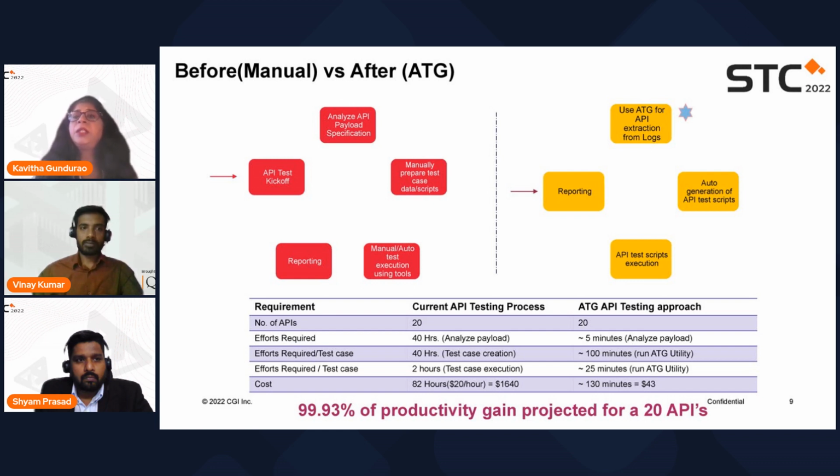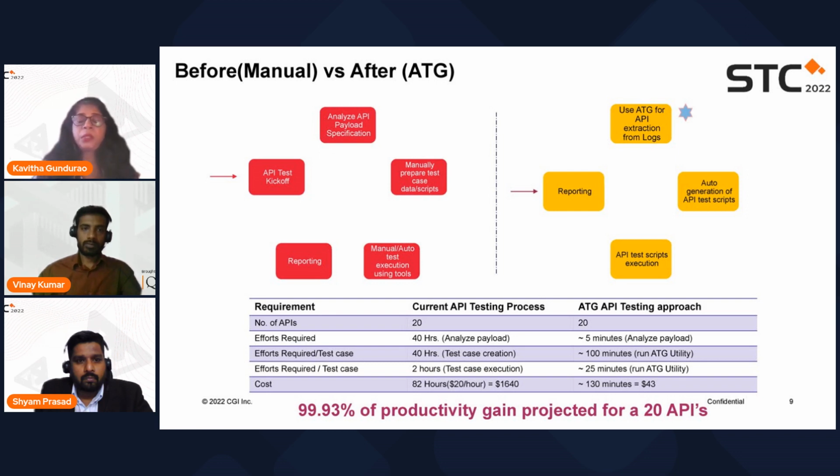The ATG tool does everything for us, and the auto generation of API test scripts is done by the tool itself. So we didn't have to manually sanity test the test cases. We use the tool itself to generate the scripts, then execution, and then reporting. That's the cycle followed with ATG.